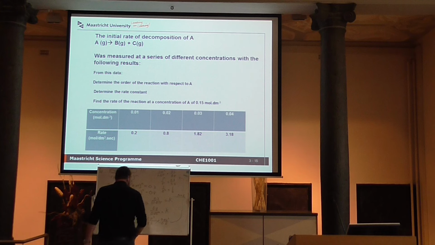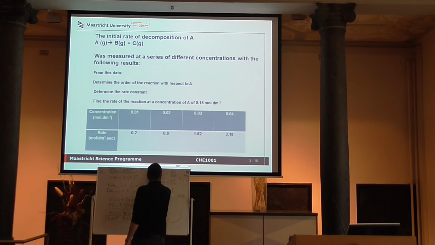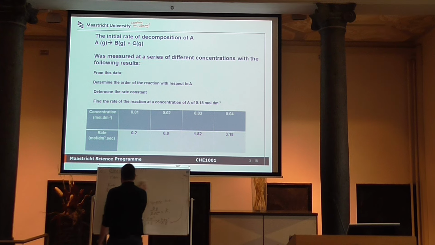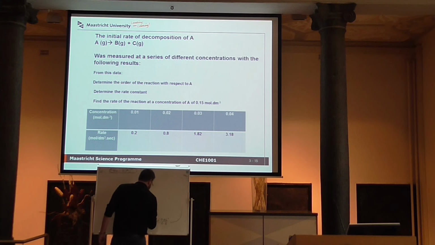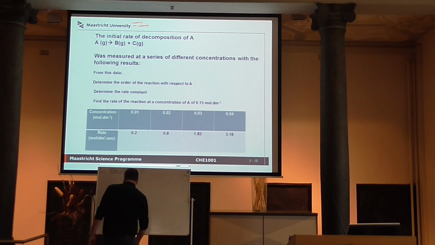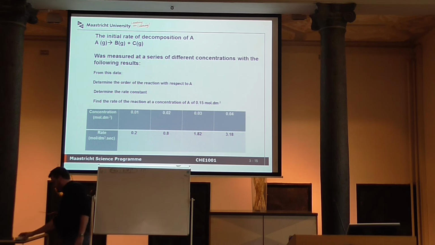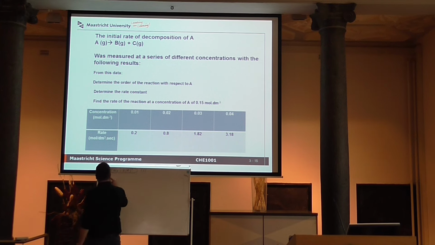We have now figured out that the rate law is rate equals K times the concentration of A squared. Remember, when I say A, I'm talking about concentration. So I can plug something in. The rate, it says 0.2, equals K times the concentration of A, which is 0.01, squared.